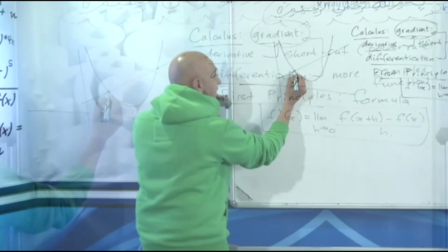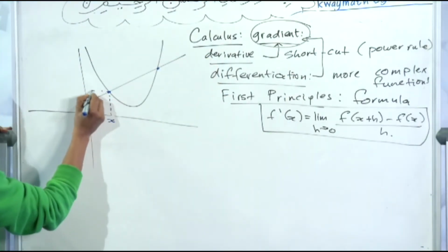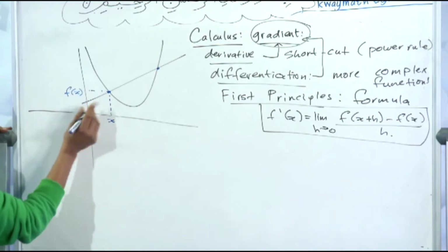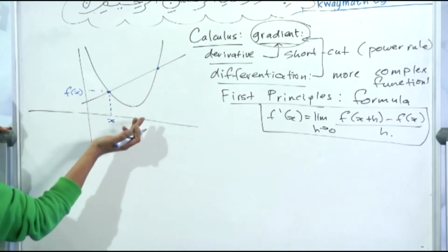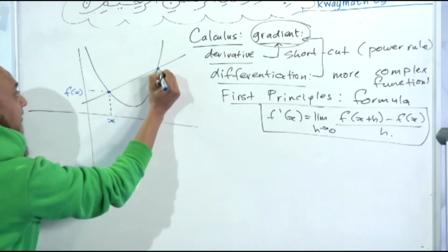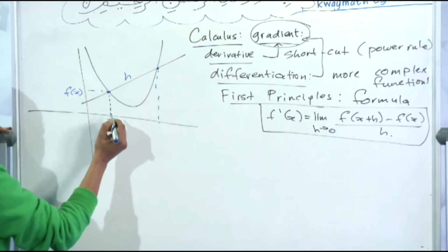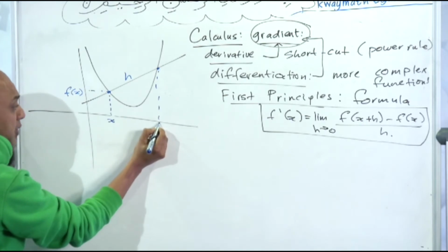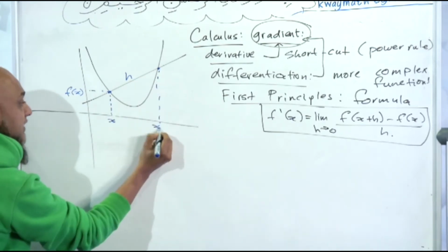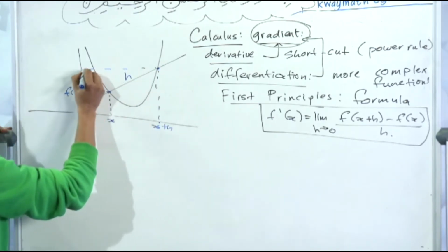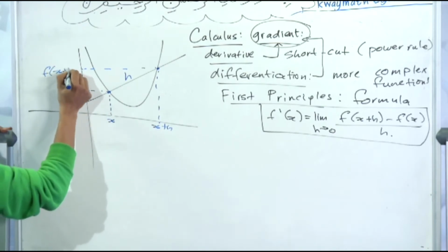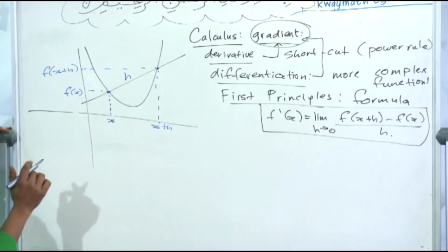So, if this value is x, its function value would be f of x. It's the y value, because we know f of x represents y. If the distance between here and here is called h, this one's x value would be x plus h, and its y value would be f of x plus h, the function value of x plus h.